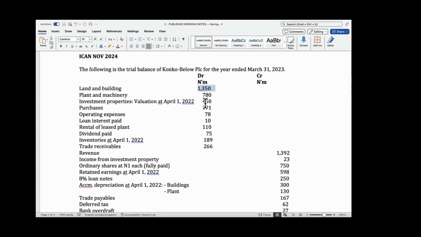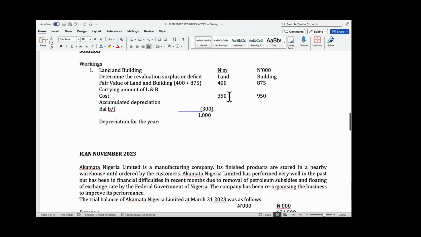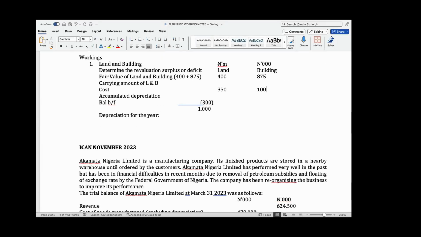The total was 1,350. Okay, minus 350, yes, 1 billion, which is 1,000 million. So this 300 is relating to what? Building, yes. Okay.